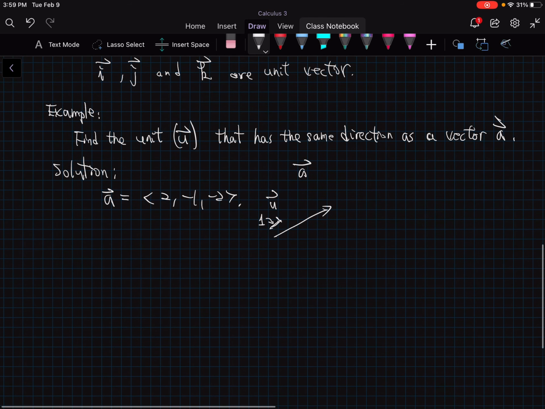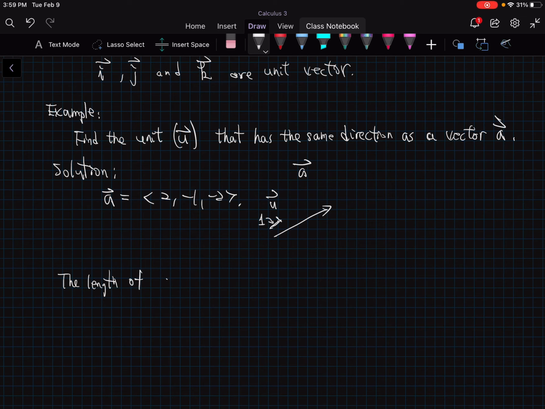So the way we do it is this. The length of A is this. Let the unit vector U equal 1 over the length of A, remember this is a scalar, times A. The combination of these two is a vector.